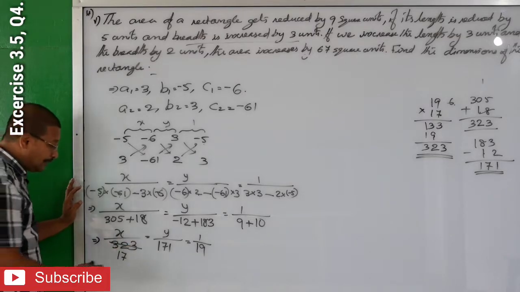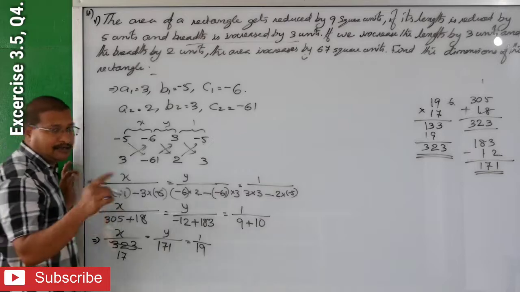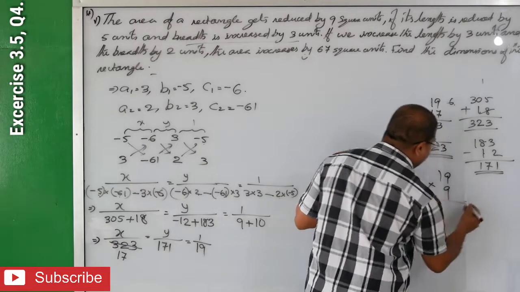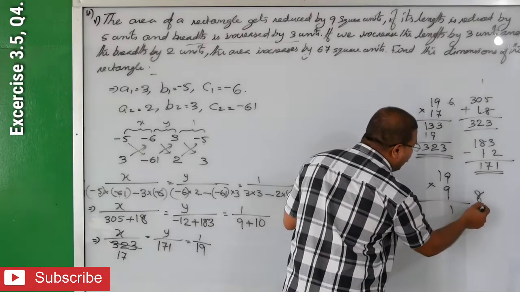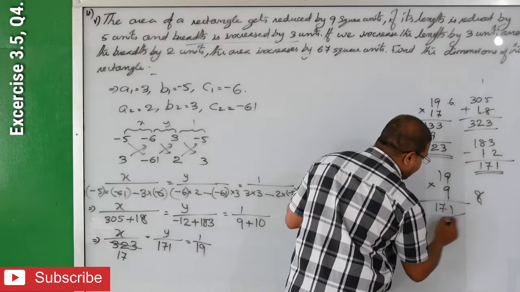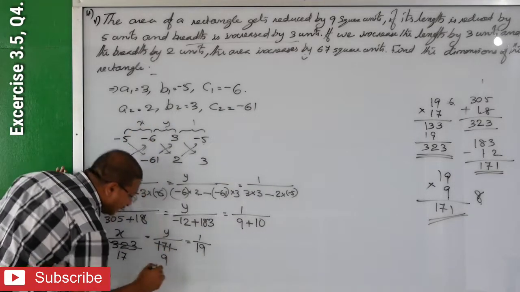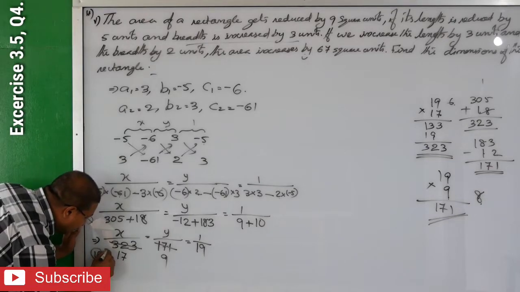That means here we can cancel 19, 17s are 323. After that 171. 171 means 19 into 9. Let us check that. 9 nines are 81, 8 in hand. 9 ones are 9, 9 plus 8, 17. That means 19 nines are 171. I am cancelling here by 19.